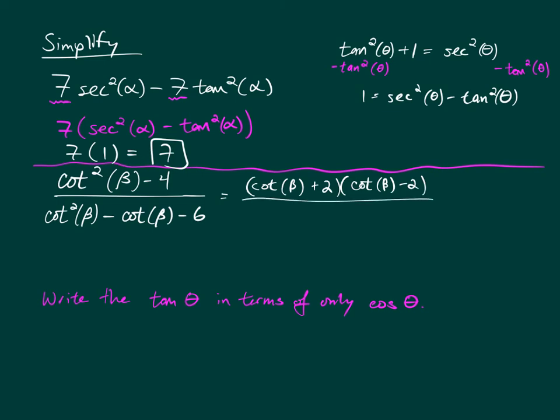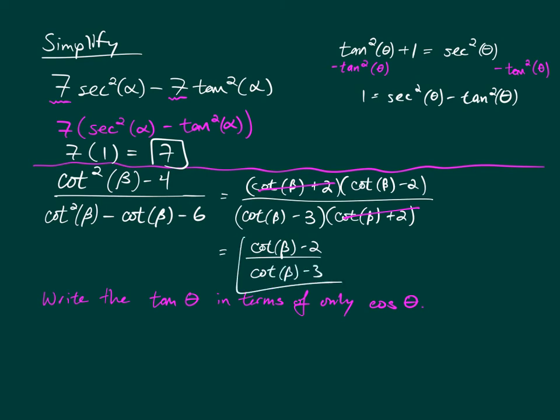And in the denominator, you'll have cotangent of beta minus 3 times cotangent of beta plus 2. And then you'll notice that this factor and this factor reduce, leaving you with cotangent of beta minus 2 over cotangent of beta minus 3 as the final answer.